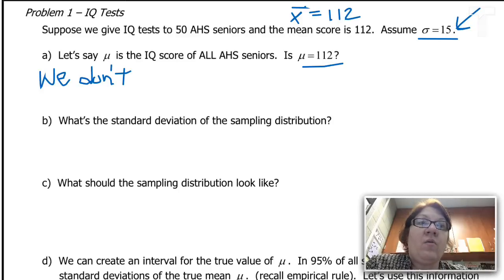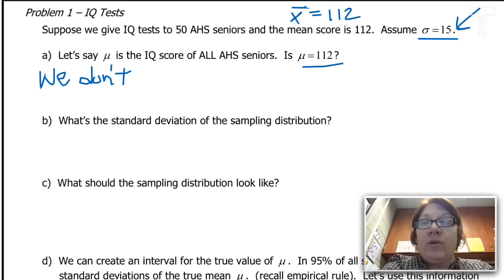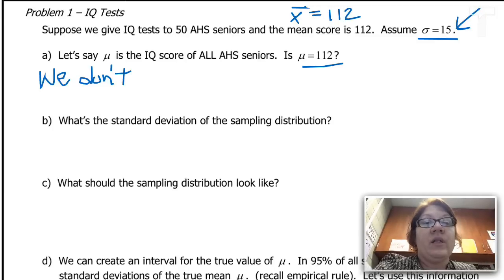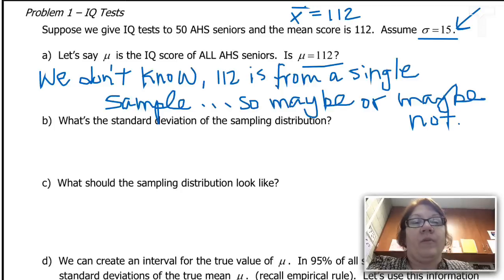Just like in the video, we don't know if the one measure of blood pressure that you take, or even the average of, let's say, 10 measures of blood pressure, is your true blood pressure. So we don't know. We're hoping that it's close, and we're going to build an interval to get close, but from one sample we definitely do not know.